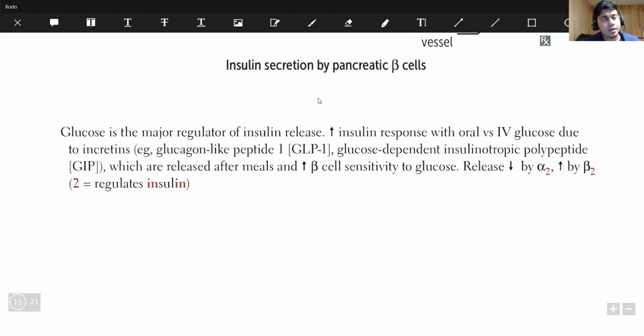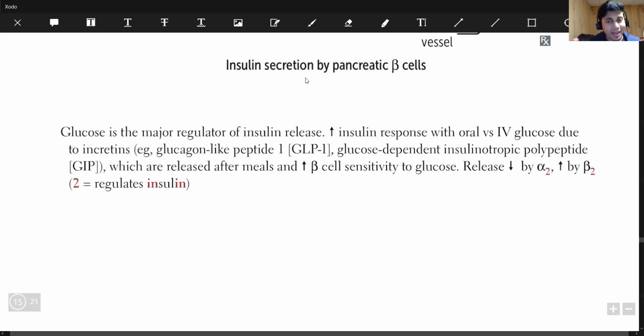Depending on the situation, sometimes the alpha is stimulated, sometimes the beta is stimulated. I think it depends on the level of the catecholamines. That means if you increase the level, there is some change in receptor selectivity.